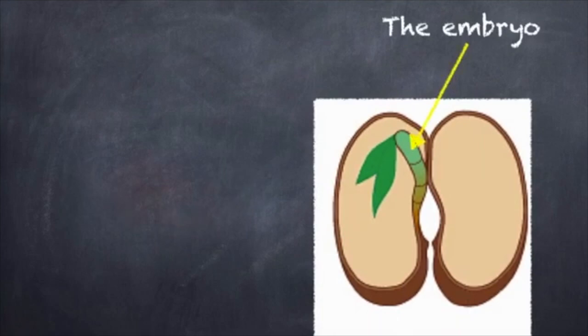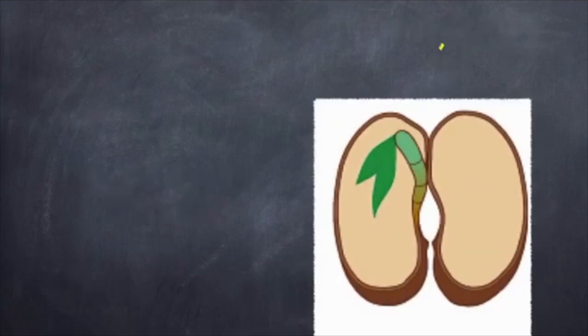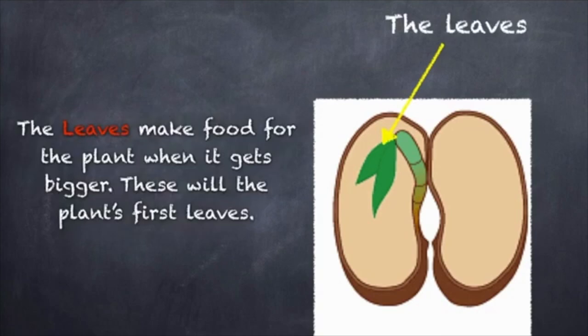The embryo. The embryo is really a big word that means the baby plant. And finally, the leaves. The leaves make food for the plant when it gets really big. These will be the plant's first leaves.